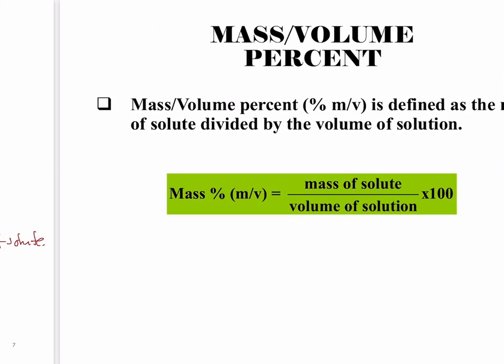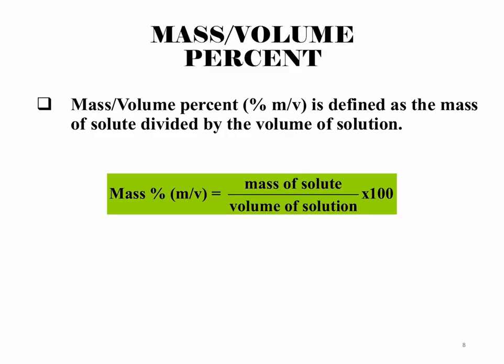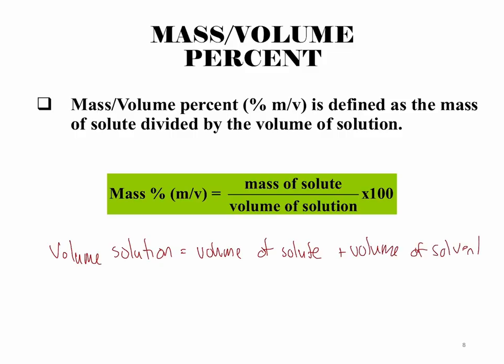If we're looking at a mass by volume percent, which is the common one you see in the health sciences, it's the mass of the solute divided by the volume of the solution. And the volume of the solution is equal to the volume of solute plus the volume of solvent. In general, when you're looking at mass to volume, the volume of the solute tends to be very small.